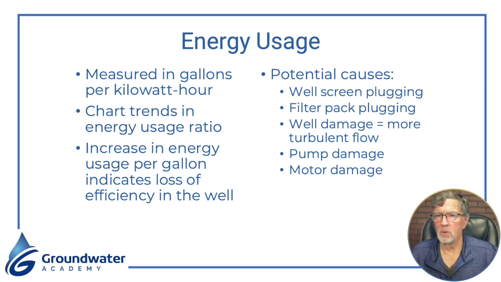Reduced gallons per kilowatt hour is going to indicate a reduced efficiency of your well, which a lot of times is going to be well plugging, although it could be pump or motor damage. So you've got to look at that. There's ways of determining that, looking at wire to water efficiency for the pump. But this is a quick way to get at things. It's real easy to do and see if you have any problems, potential plugging.